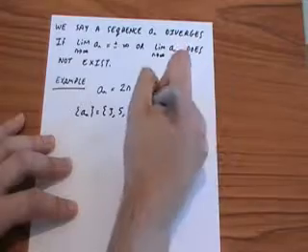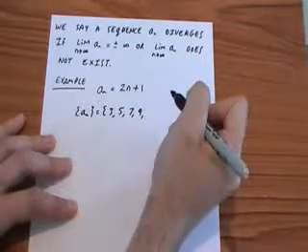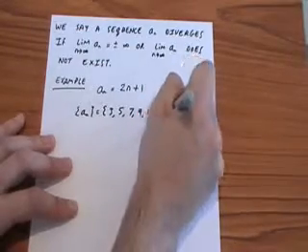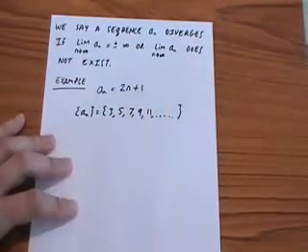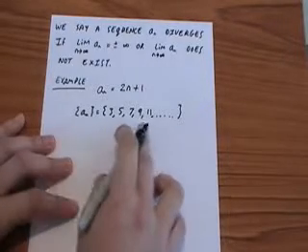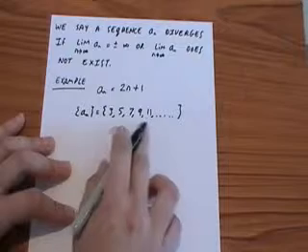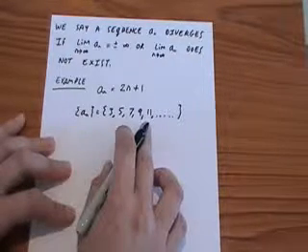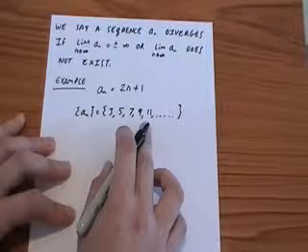When n is 4, we'll get 9. When n is 5, we get 11. And so on like that forever. So just examining the first few terms of this sequence, it would appear that the numbers are just getting bigger and bigger and bigger. In other words, it would appear that the sequence is tending off towards infinity.